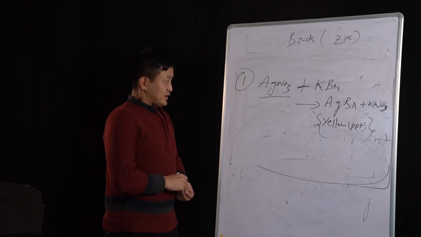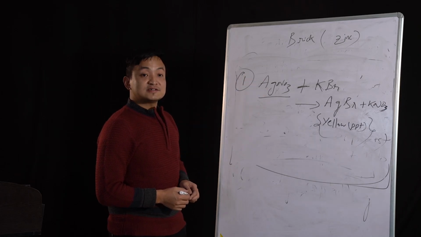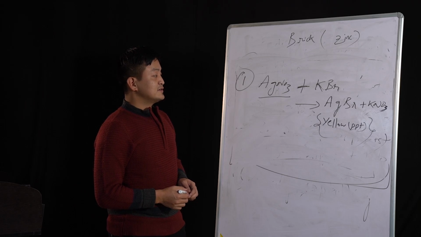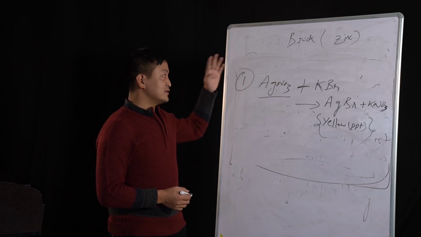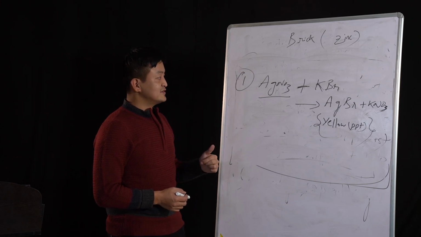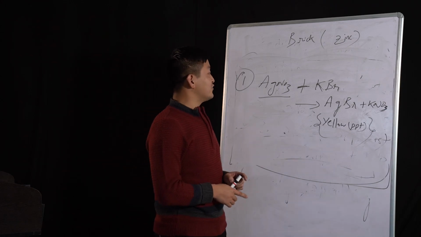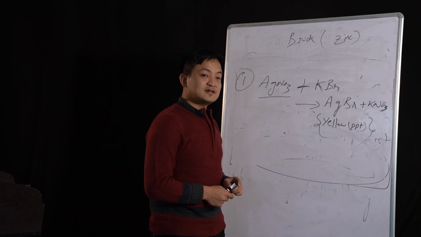So here, students, can you guess what type of chemical reaction this is? This is one of the types of chemical reaction that we have studied in our last class. So here, what's happening? I have given you an example of exchanging cars.